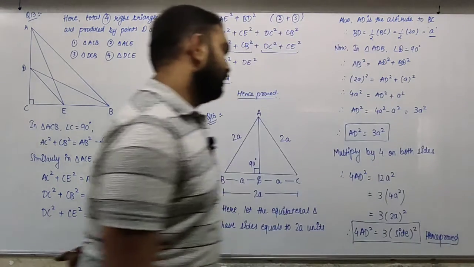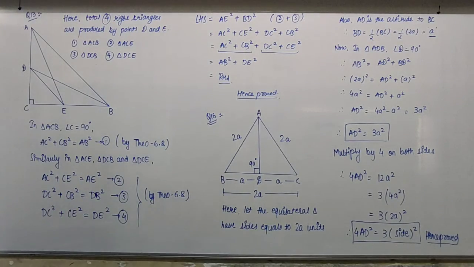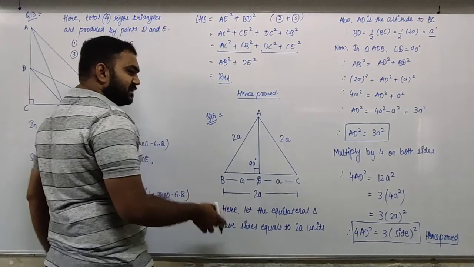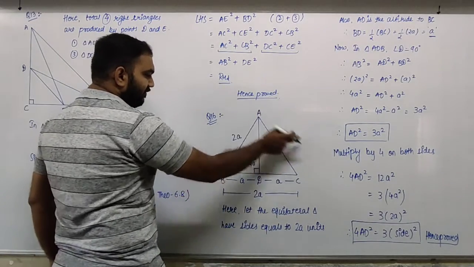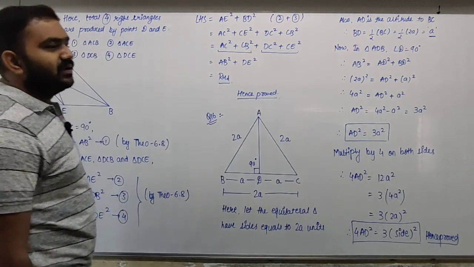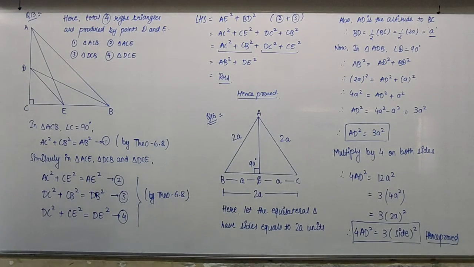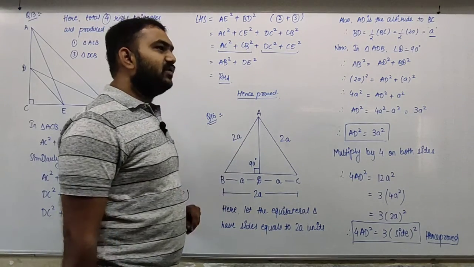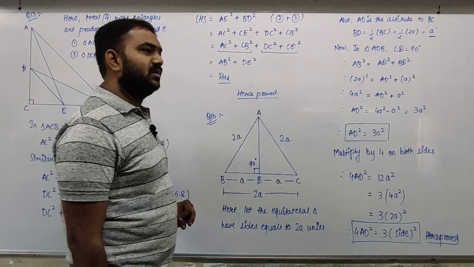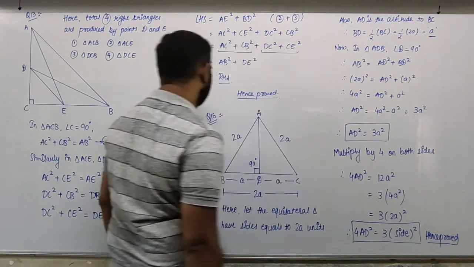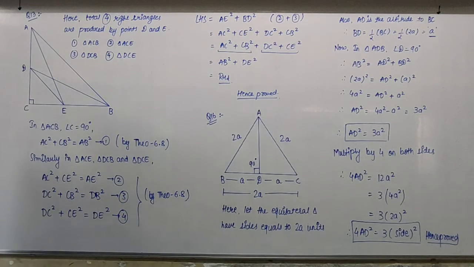Hence proved. Right? 4 times the square of the altitude is equal to 3 times the square of any side of an equilateral triangle. Whatever side of the equilateral triangle it is, you square it and multiply by 3, and it gives the same as 4 times the square of the altitude. So that is the proof for question number 16. And that was the last question of this chapter.